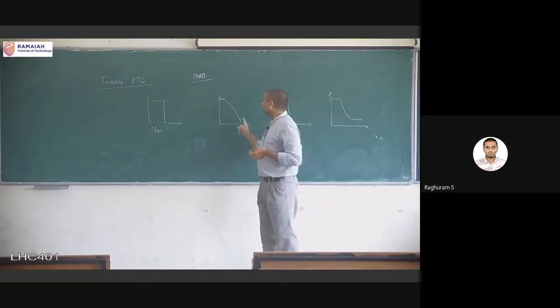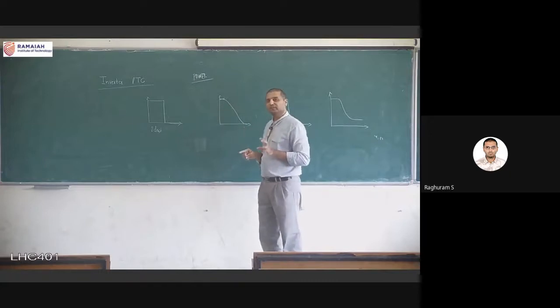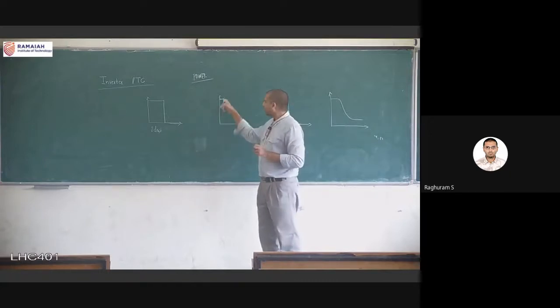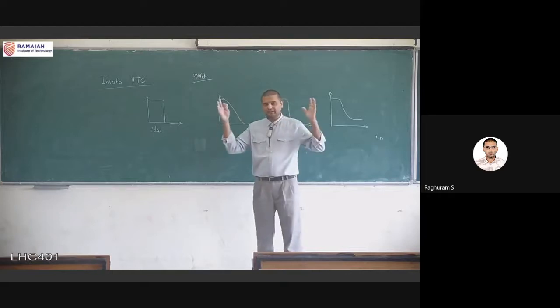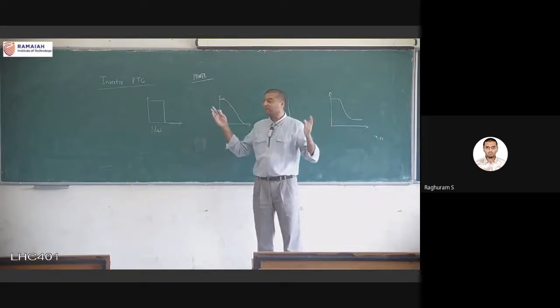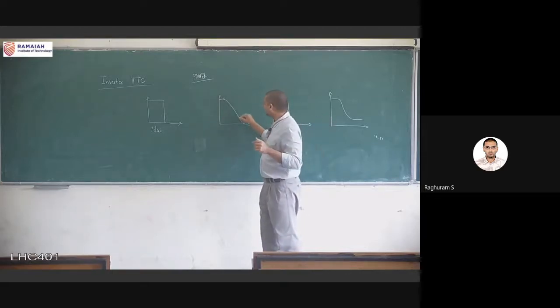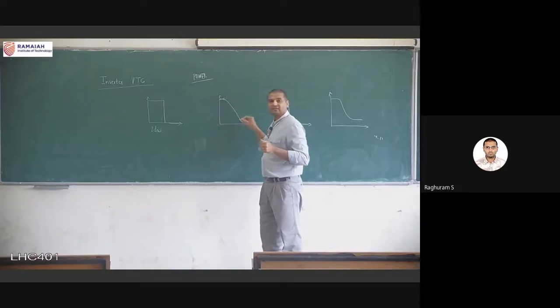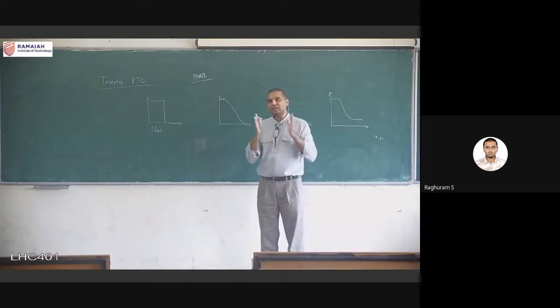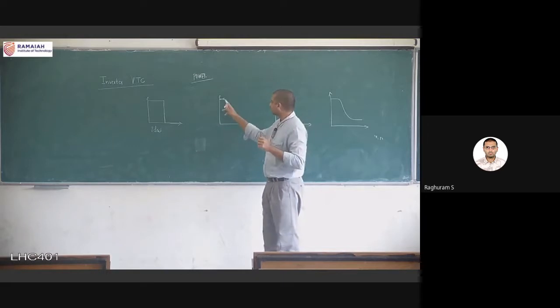So here and here is fine, but the middle part, this is the place where the power is being consumed because both transistors are on. And because this region is very large, as long as this is there, that is for a very high range of the input voltage. What does this mean, this region is large?